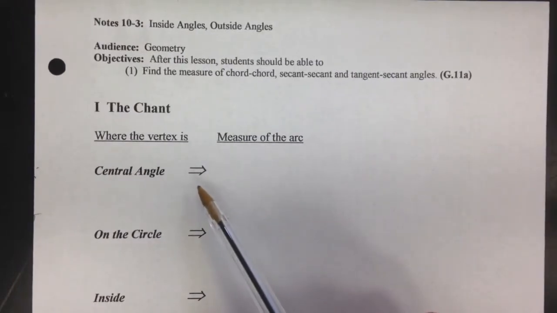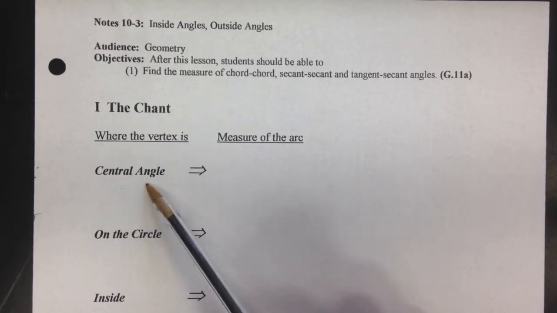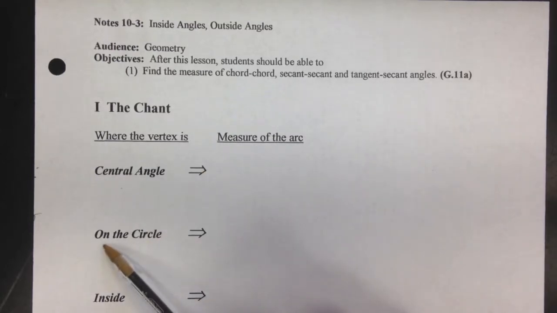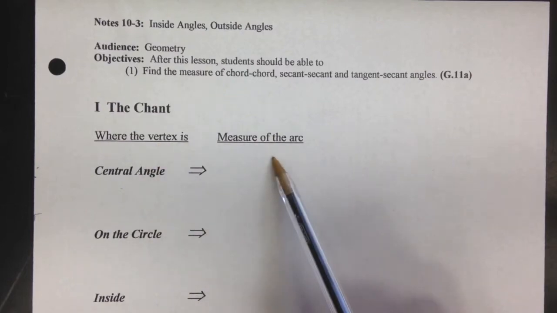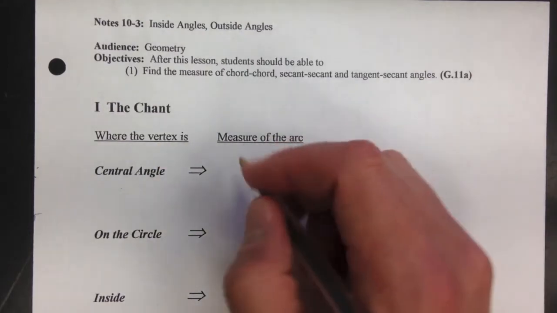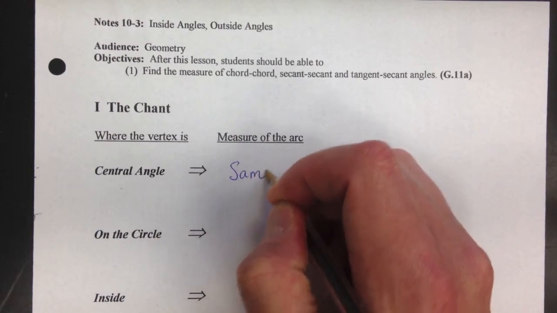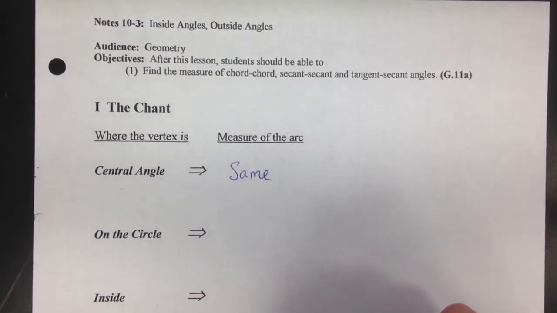All right, so far, as a recap of what we've been doing the last couple days, we've talked about central angles and also inscribed angles, or what I say, on the circle. We're comparing where the vertex is to what the measure of the arc is. Central angle is the same as the arc measure that it intercepts.